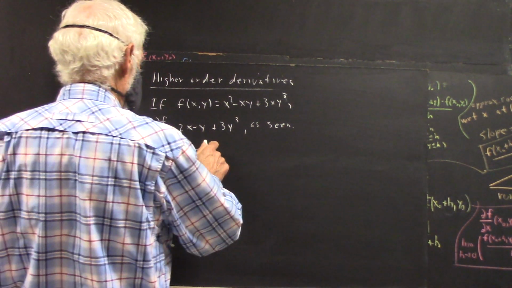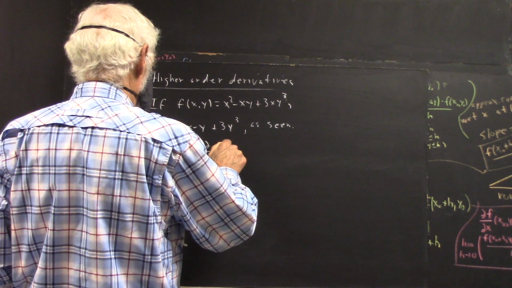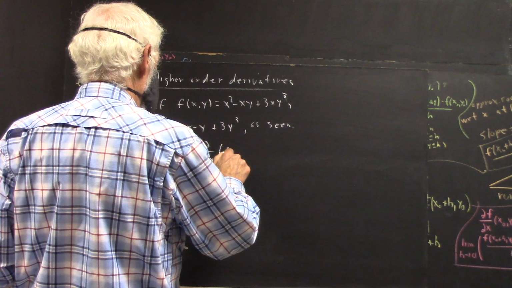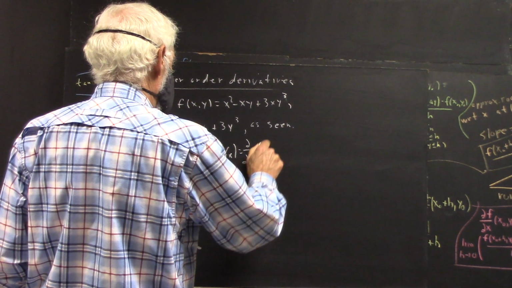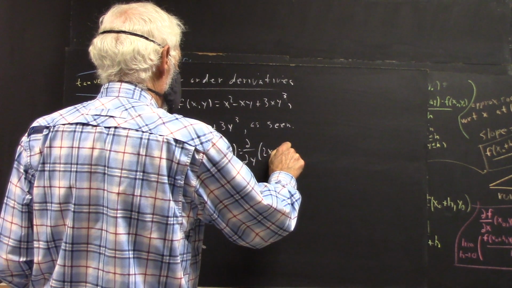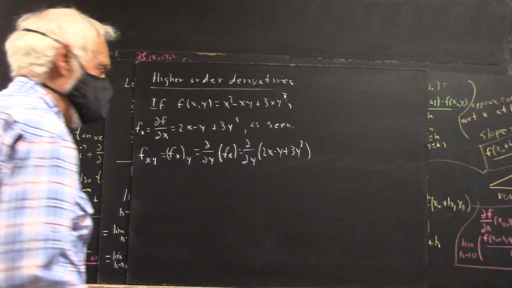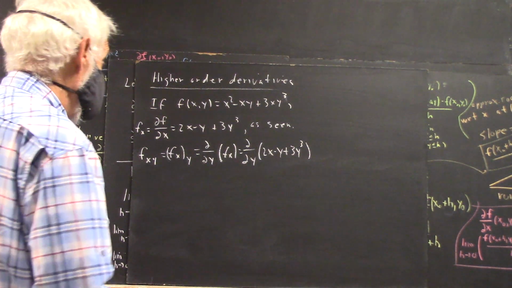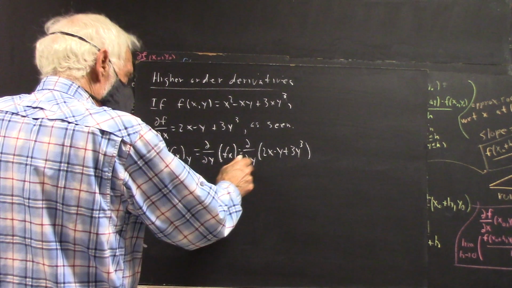It's better form to write partial with respect to y of fx, which is a partial with respect to y of 2x minus y plus 3y cubed. Okay? And then it's easy to do this.